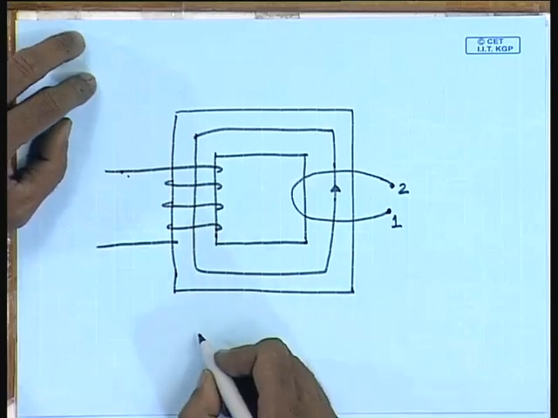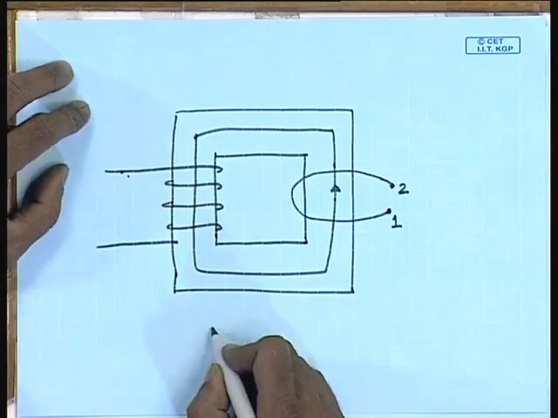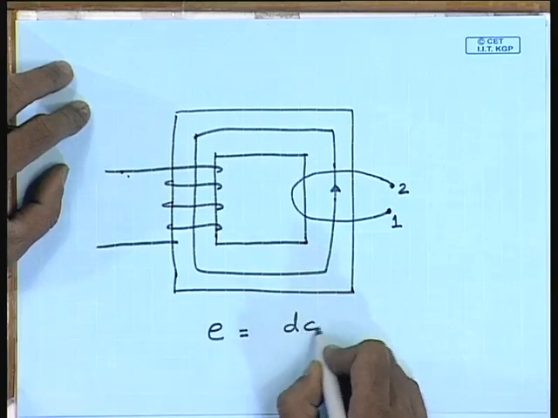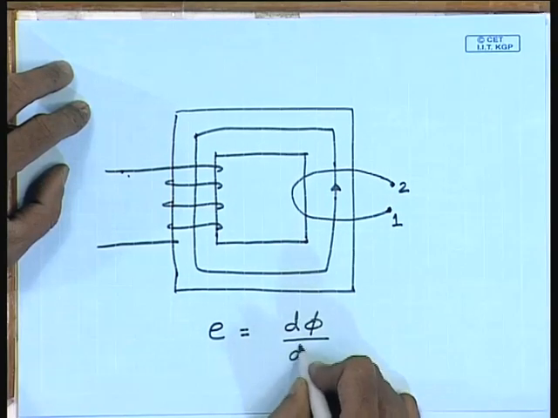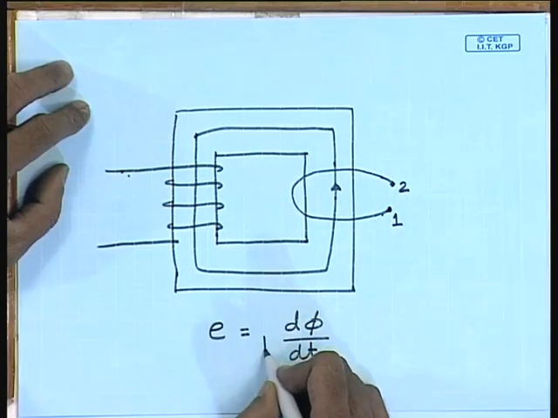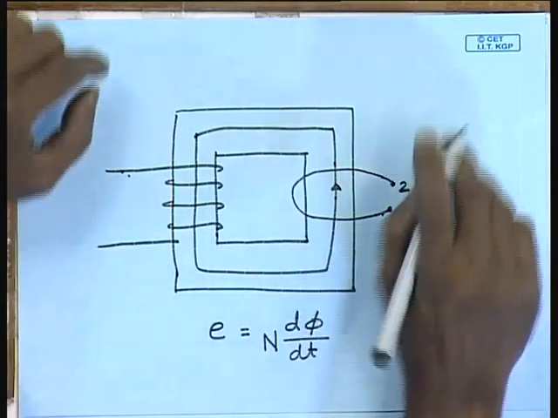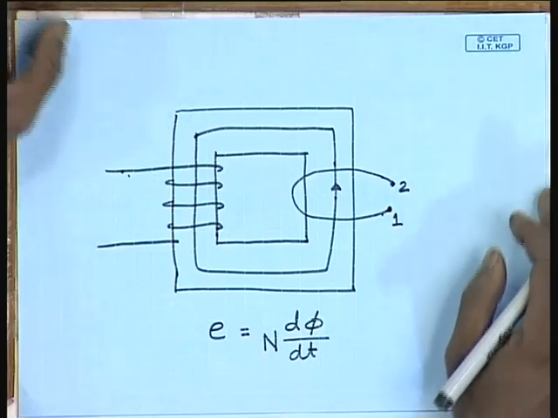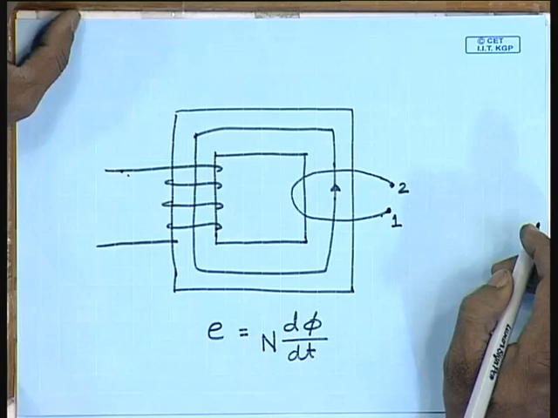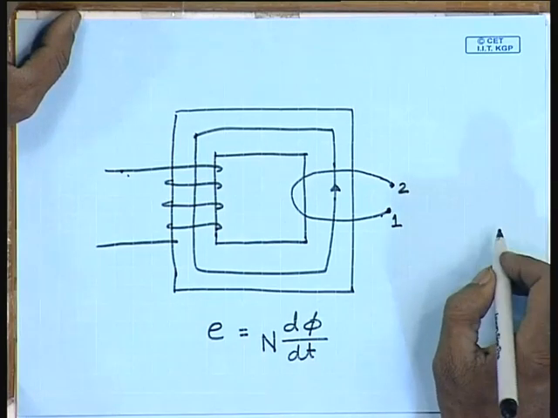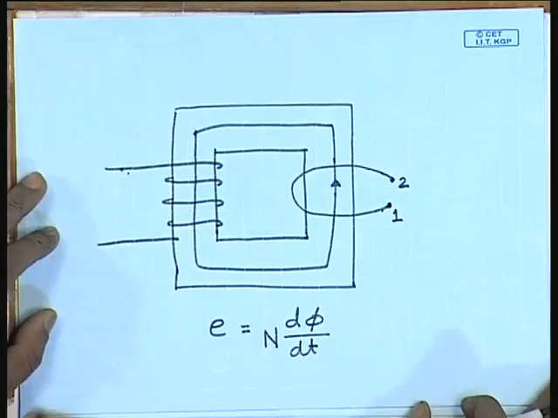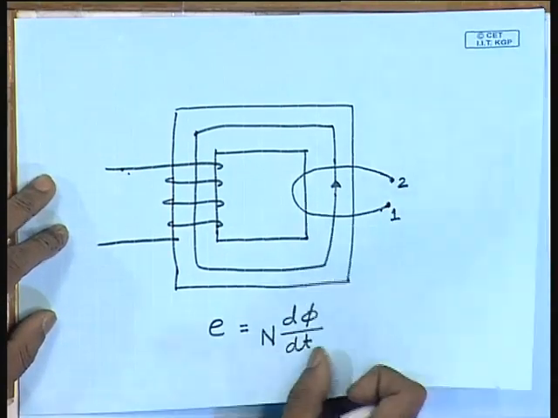The magnitude of the induced voltage E will be proportional to the rate of change of flux, d phi dt, multiplied by the number of turns in the coil N, and the polarity of the induced voltage will be such that it will try to oppose the very cause due to which it is produced. Let us look at it a little more carefully, what that means.